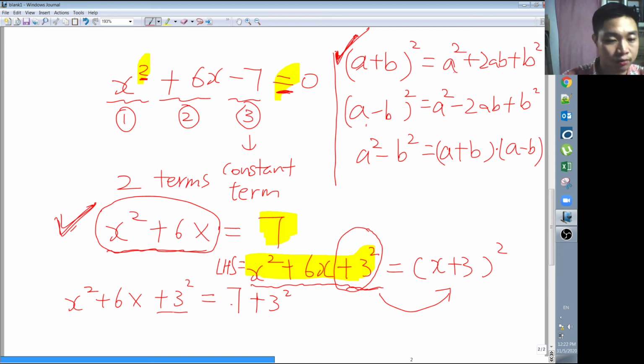The reason we introduce this plus 3 squared is to complete the square for the left hand side. So what do you get? You get (x plus 3) squared on the left hand side, and similarly 7 plus 3 squared is 7 plus 9, which is 16.